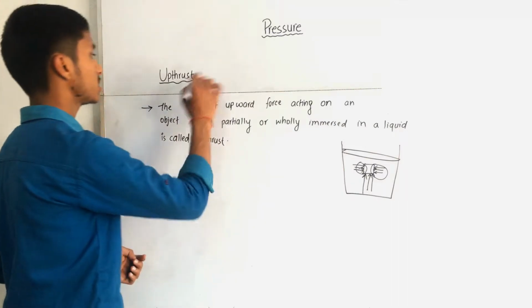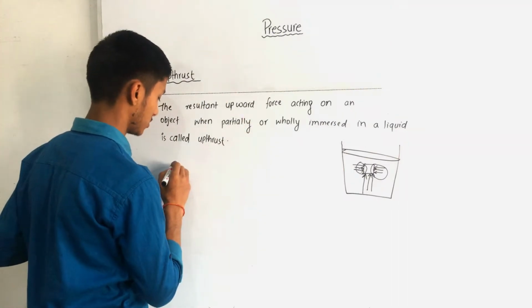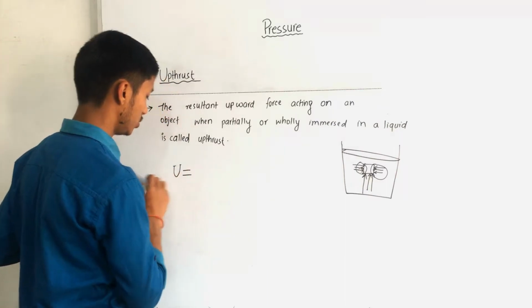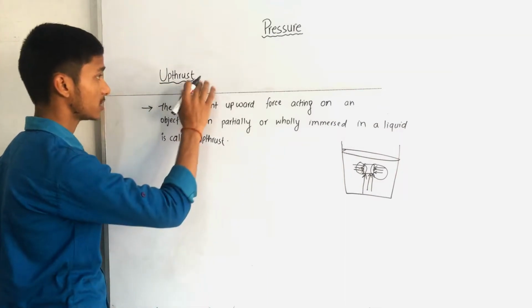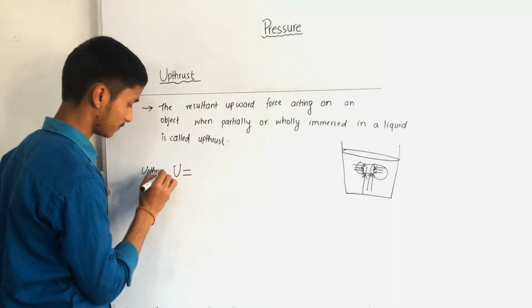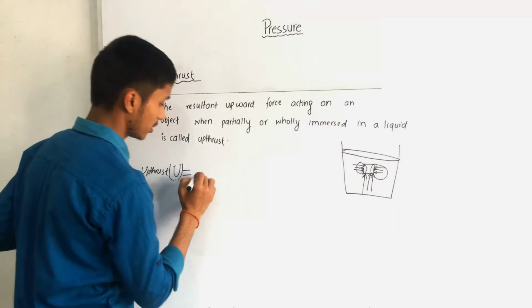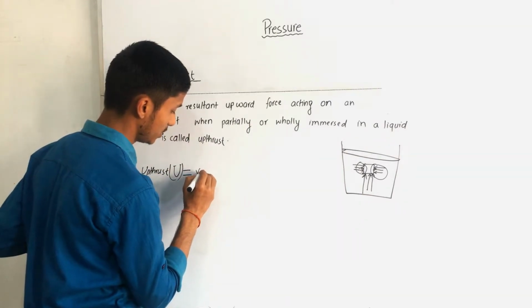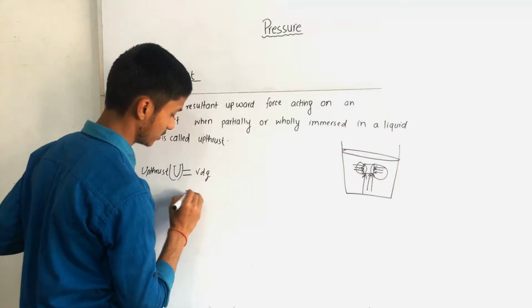Now, upthrust depends upon three factors. The formula of upthrust: it is denoted by U. Simply, it is nothing but a force, right? Upthrust depends upon three things: V, d, g, right?